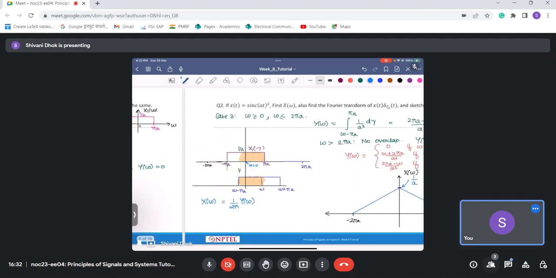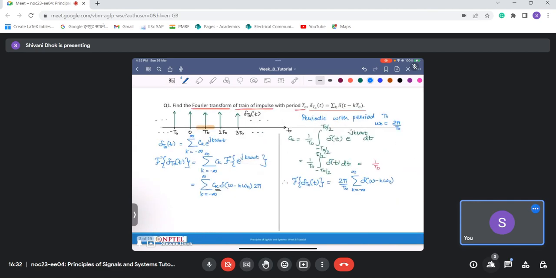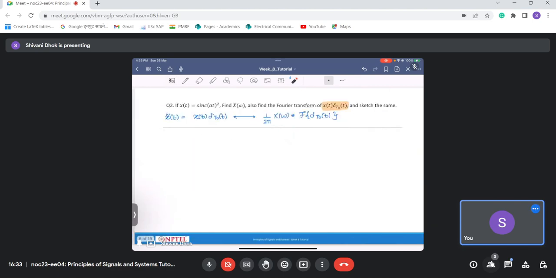Now this we had seen in this question here. This is the Fourier transform of this train of impulses, which is 2 pi by t naught summation k running from minus infinity to infinity delta of omega minus k omega naught.